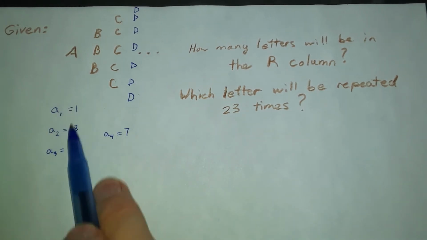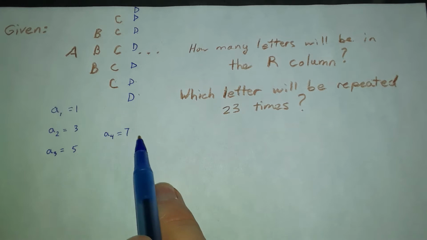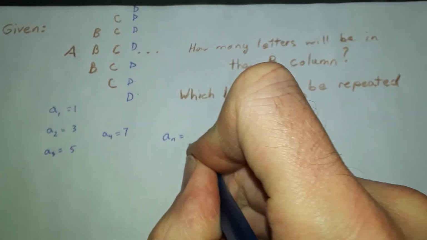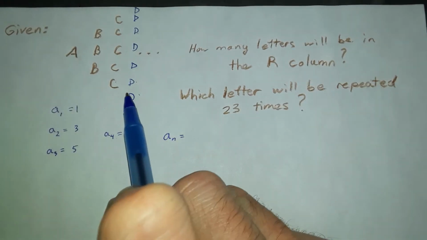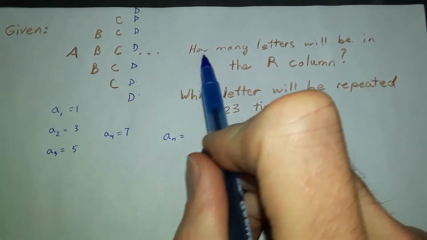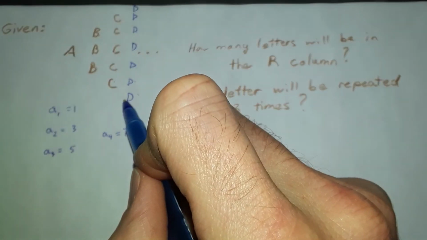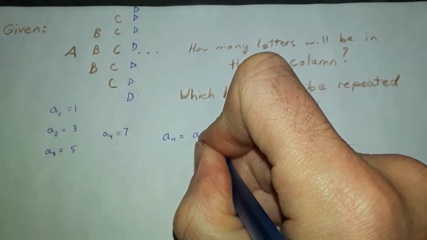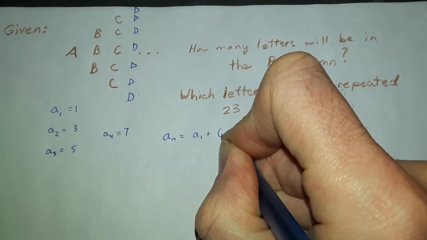So if this is really an arithmetic sequence, we can use that formula to find how many letters are repeated in any column in this sequence, if we know this formula.